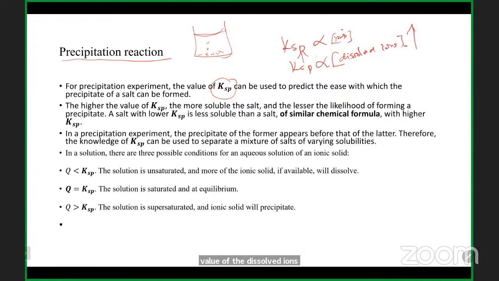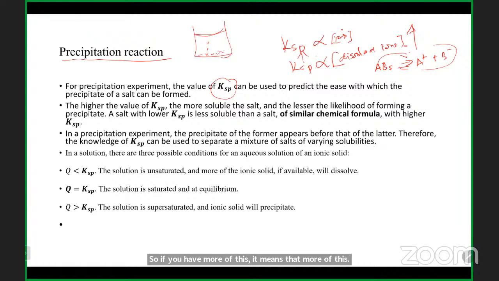If we have AB solid going to A plus and B minus, and you have more of these, it means that more of the solid has been dissolved. So the higher the value of KSP, the more soluble the salt, and vice versa.